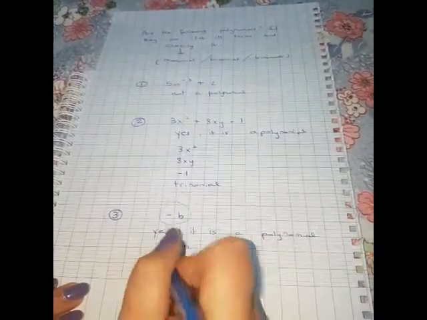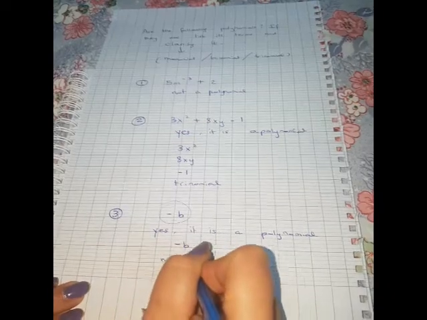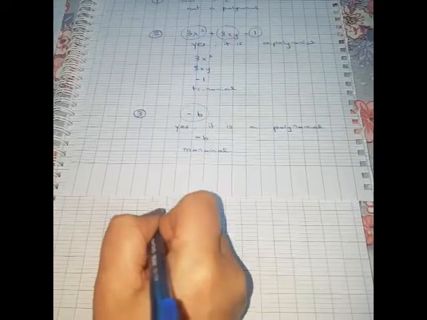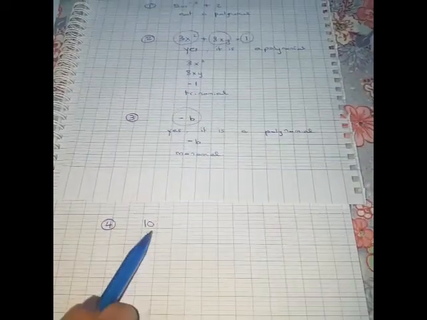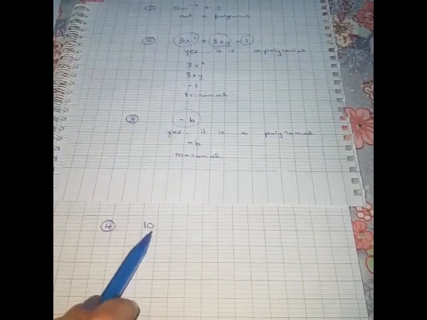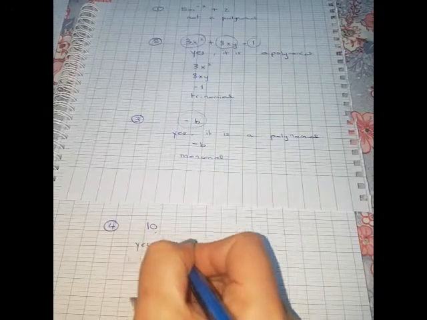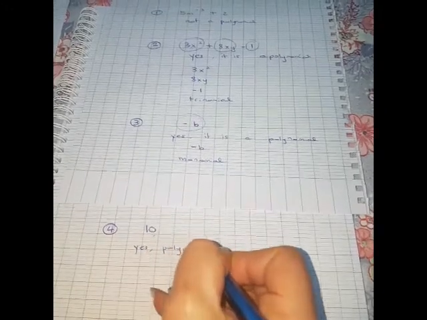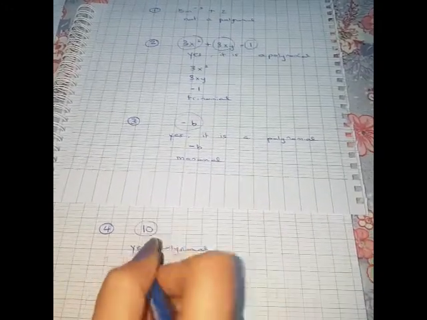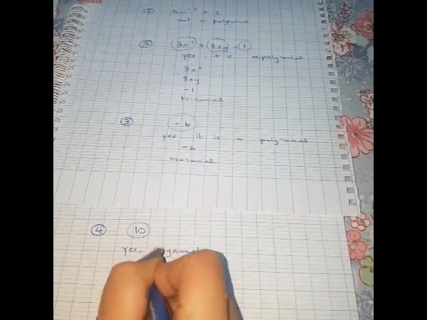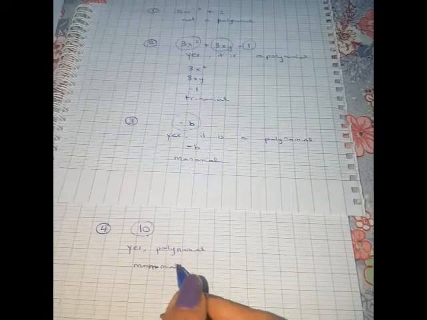It's only made up of one term, so it's a monomial. The fourth example is 10. Does it have a denominator of a variable? No. Does it have a negative power or exponent? No. So yes, it is a polynomial. How many terms? It's made up of one again, so it's a monomial, and I need to list the terms.